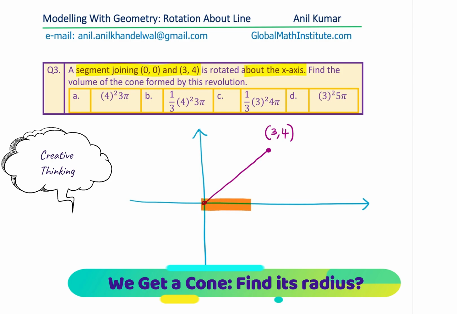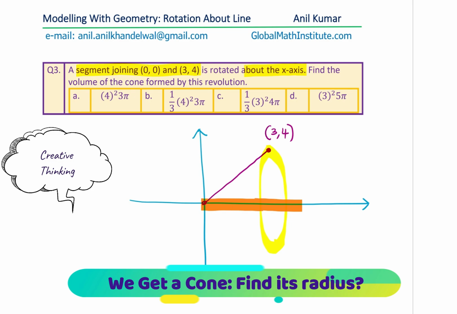So this is the line about which we are rotating, correct? Now what do you get? Well, clearly, if I'm going to rotate about this, I should get a cone which may look like this, correct? So you can visualize the cone.